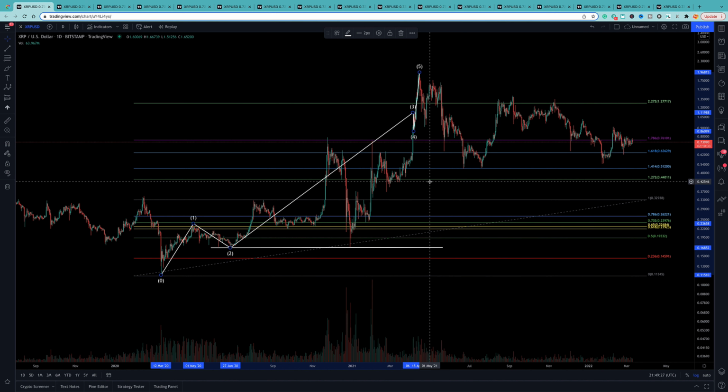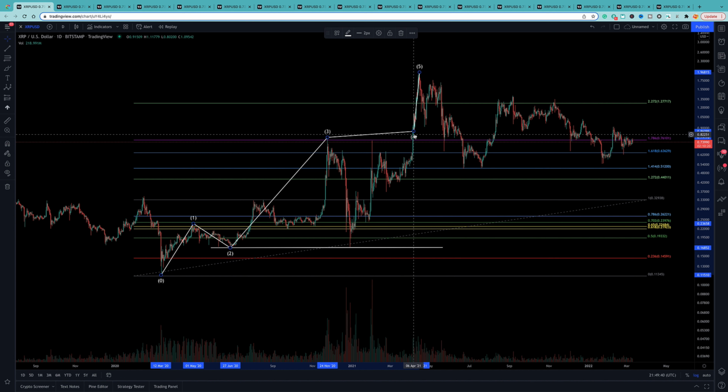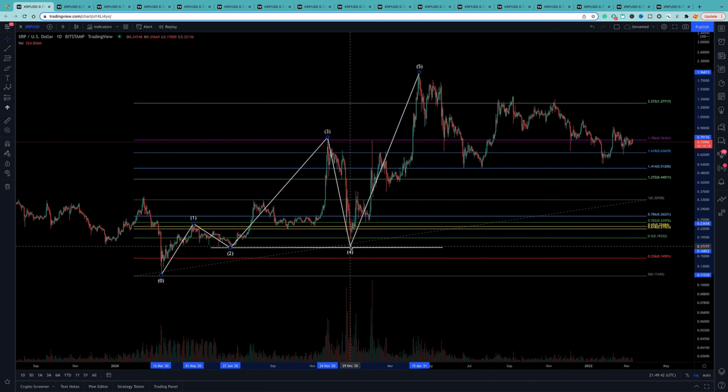I'd say that's probably it. And look at this in the middle of it. And again, while this is happening, it's in hindsight afterwards that you realize that's the W. It'd be very hard to read what is happening.